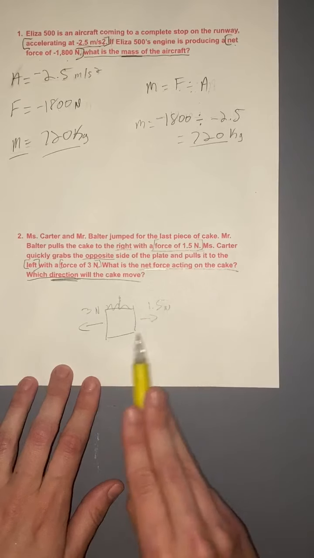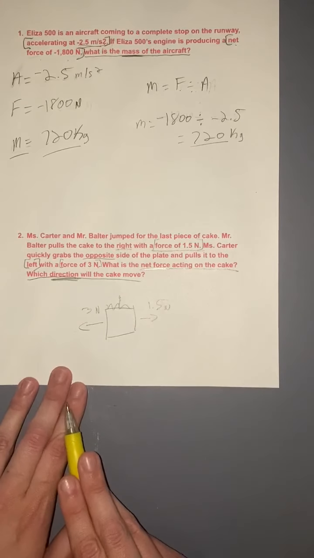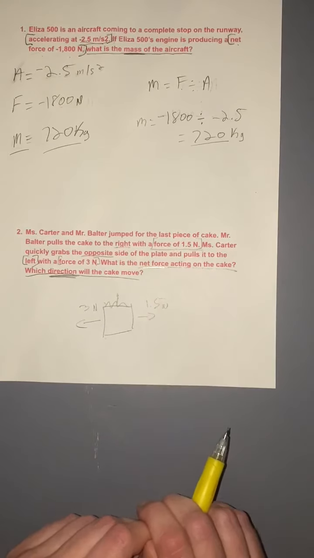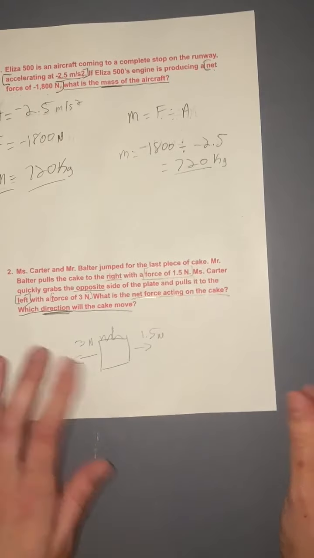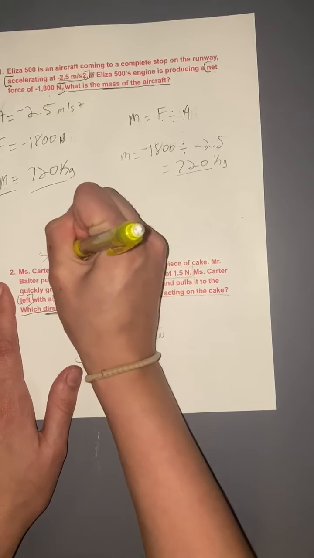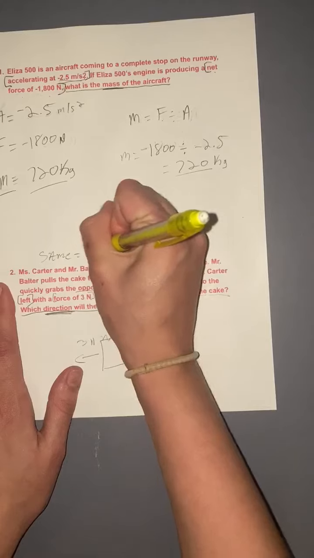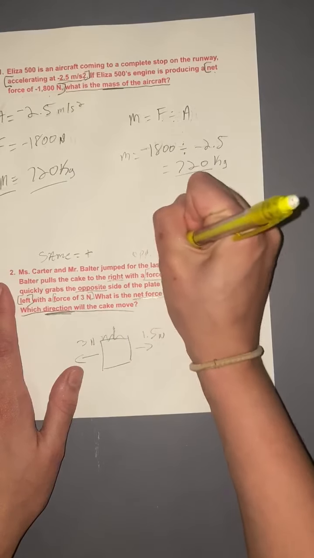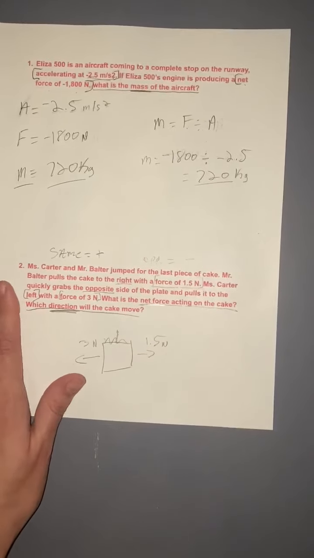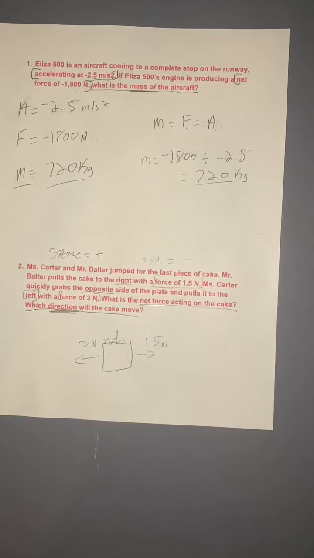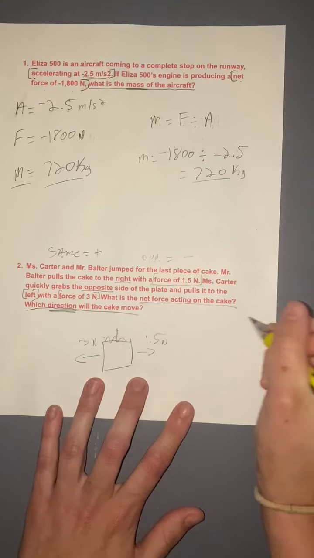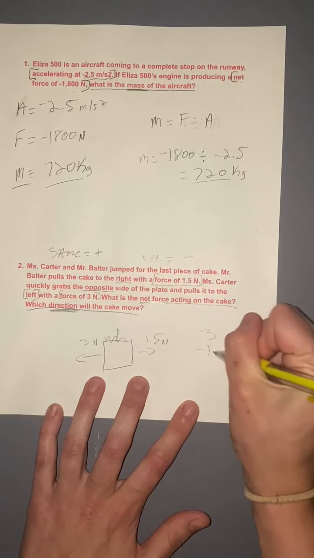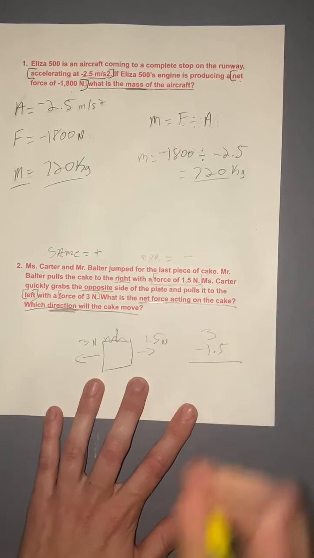Mr. Balter's pulling to the right while Miss Carter's pulling to the left. They're going in opposite directions, so that means we subtract. So same directions, we'd add them together. They're going in opposite directions, we're going to subtract them. Op for opposite. So we're going to do 3 newtons minus 1.5 newtons.